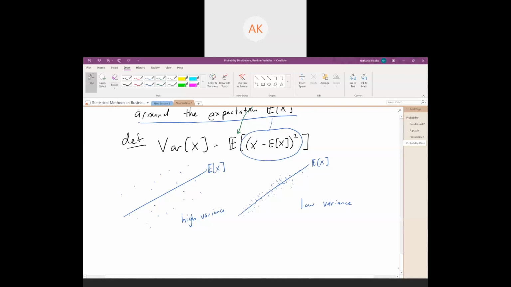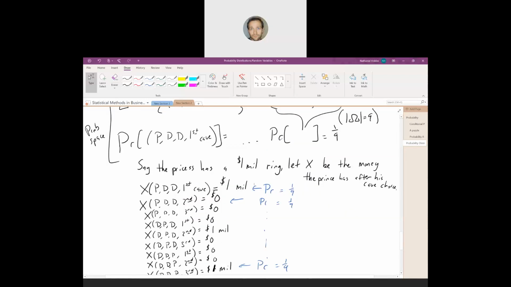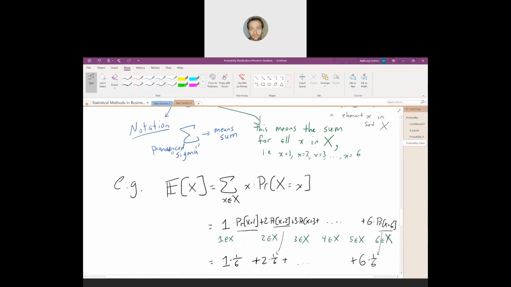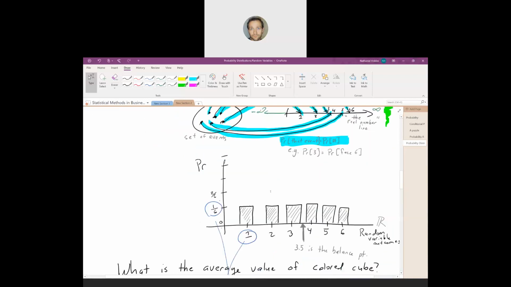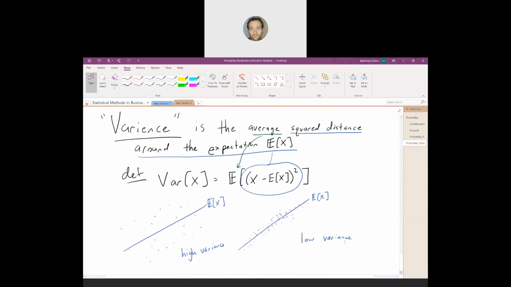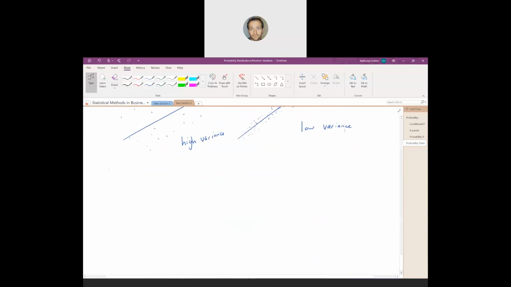So I want to try to compute the variance of this example, where we have the die. Here, example: a 6-sided cube. X equals 1.